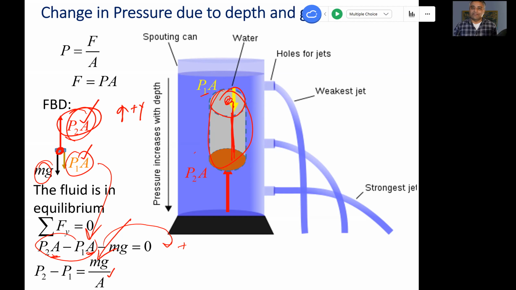So density, volume, mass, they are related, right? So density is mass over volume, we learned. So that means mass is gonna be density times volume. So I can do that. So I replace this mass by volume and density, product of that, and everything else is there.